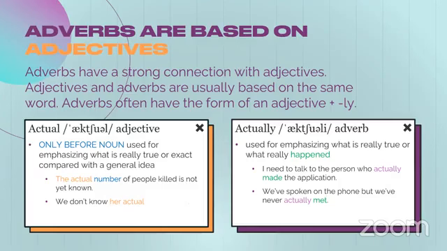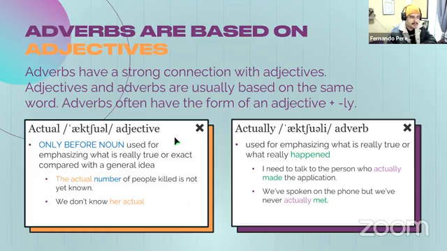Actual: adjective only before noun, used for emphasizing what is really true or abstract compared with a general idea. The actual number of people killed is not yet known. We don't know her actual something. Yeah, it's incomplete, right? Yes.